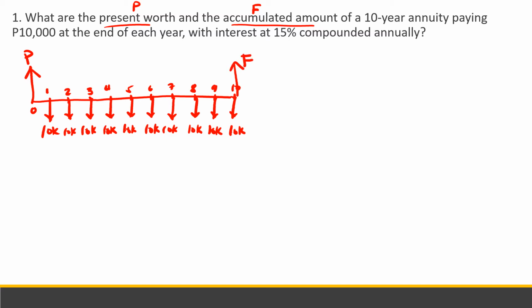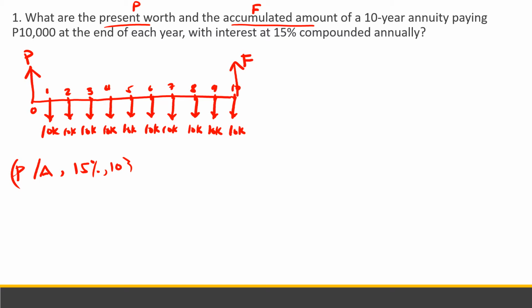For finding P, yung first case is finding P given A. You can use the notation P given A, with 15% interest and a 10-year period.